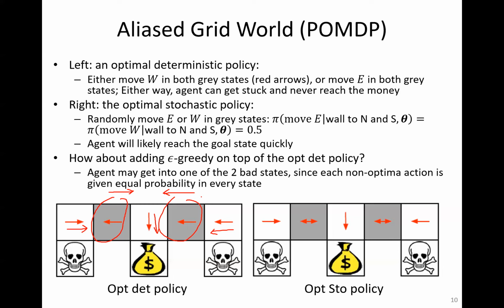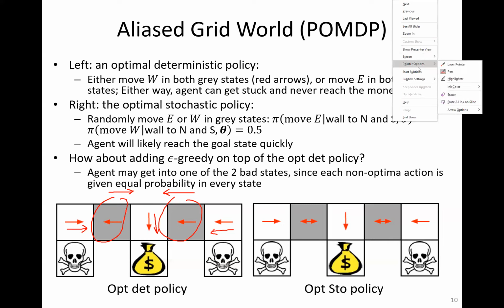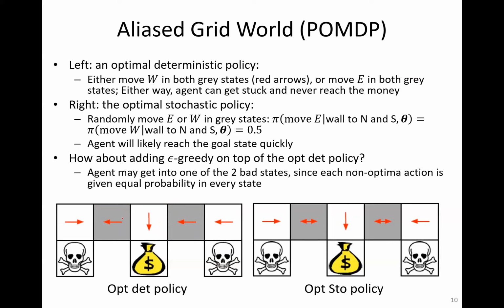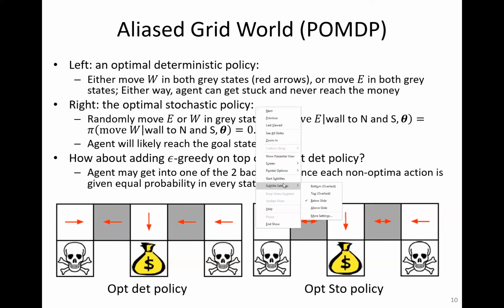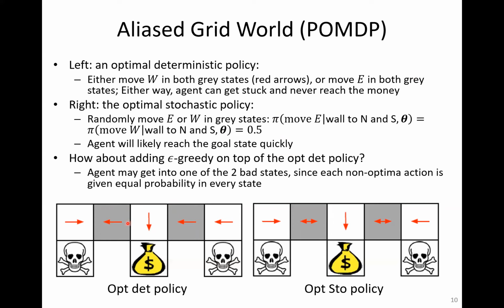So you must have the same policy in these positions based on the policy mapping function. So we can either move west in both of the gray states, as shown in the red arrows, or move east in both of the gray states. If you adopt either of these two choices, in this picture we take the west option, then the agent can get stuck and never get to the money.